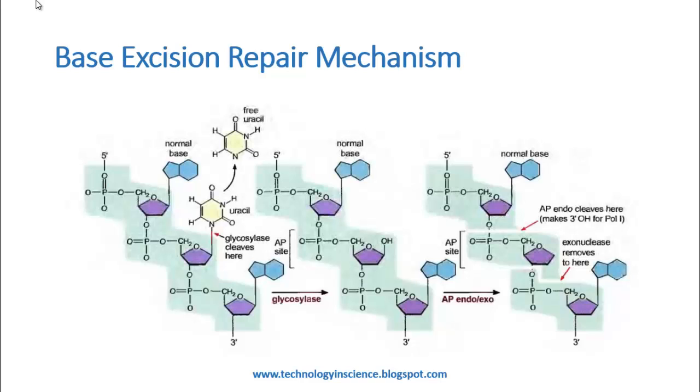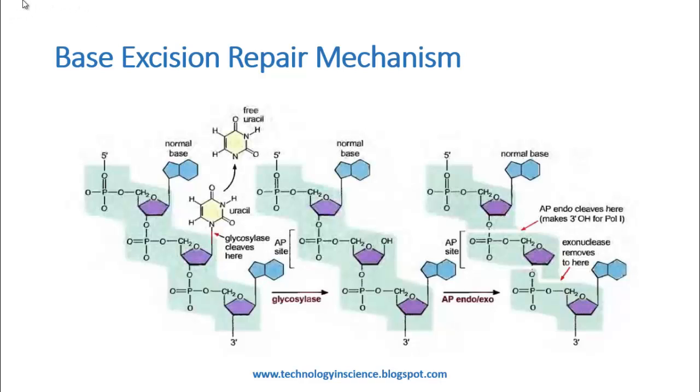What will happen when a base is removed is that there will be a gap present in that particular site. It is called the abasic sugar. The sugar without a base is called the abasic sugar. So now the cell has to replace that particular base with the correct one.